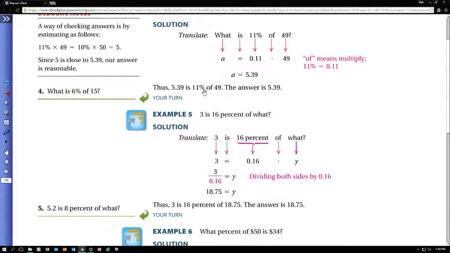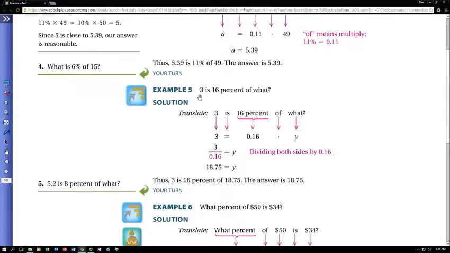I can't have percent. This percent symbol, again, is just a translation to hundredths is all it means. So if I say 11%, I say 11 hundredths times of 49. Done. Okay? Well, in this case, they say 3 is 16% or 16 hundredths of what?